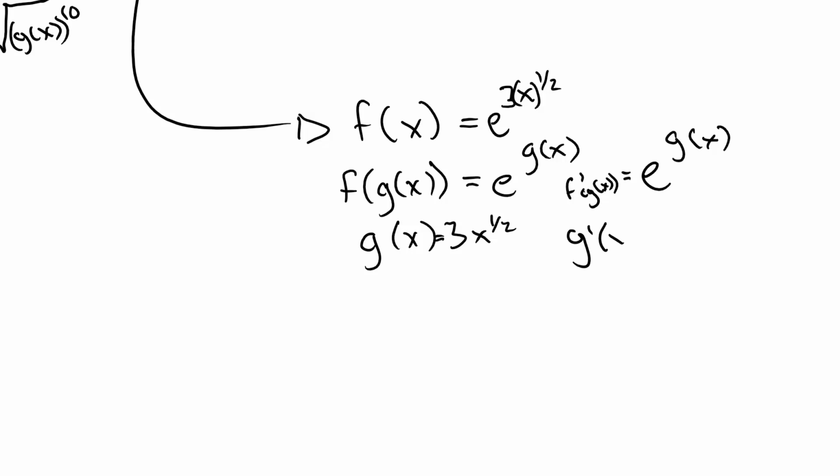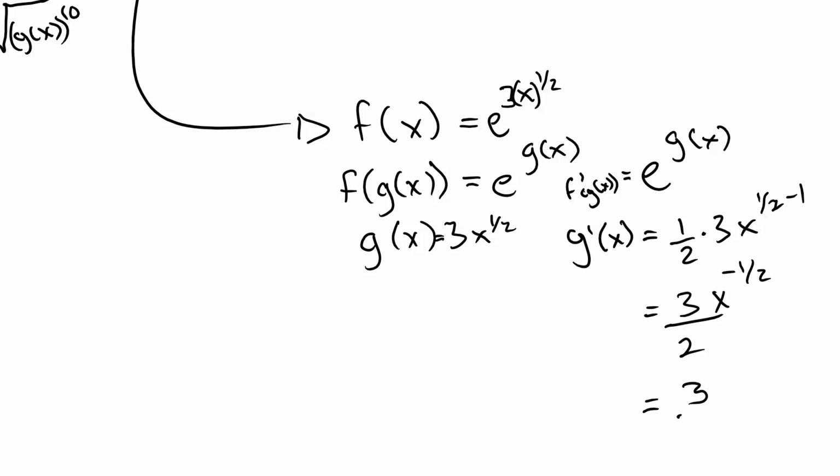Derivative of the inside, bring down your exponent, make the exponent 1 smaller. Rewrite as a radical. There we go.